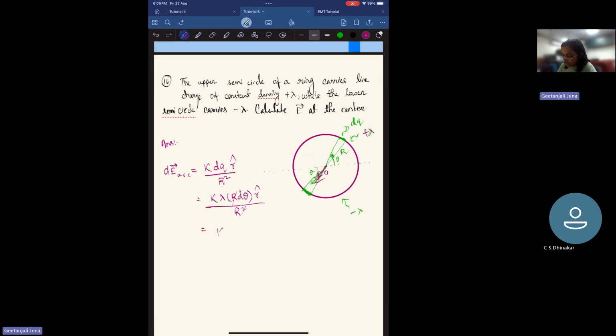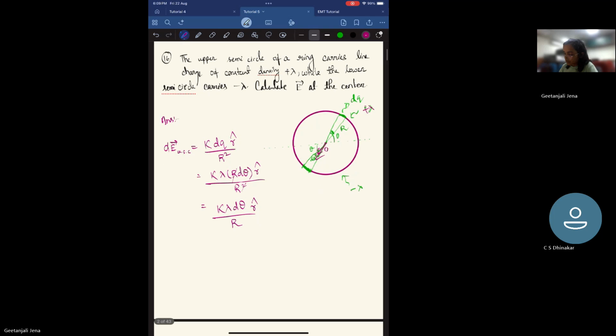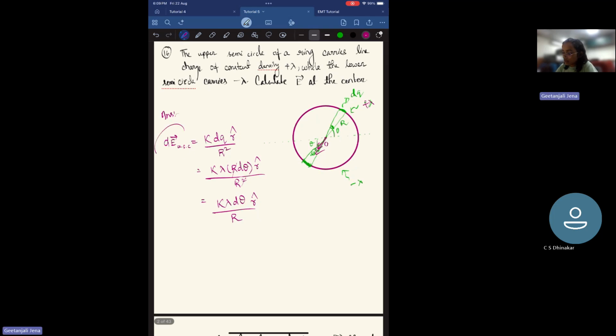So we have K lambda d theta over R, r-hat. This is only one part of the circle. For the other half, this will have the same magnitude and also the same direction. That is why we'll add up the two small electric fields.